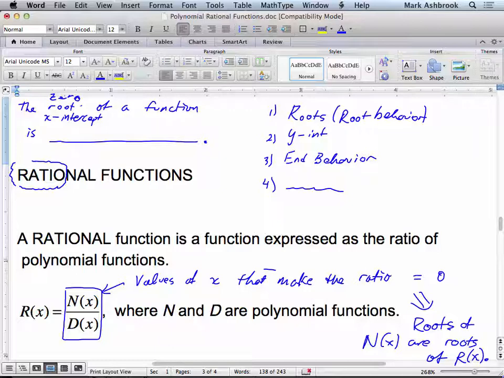What about the y-intercept? If we want the y-intercept of a rational function, how are we going to find it? Malin, how do we find the y-intercept of a function?